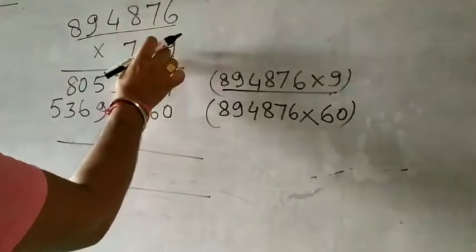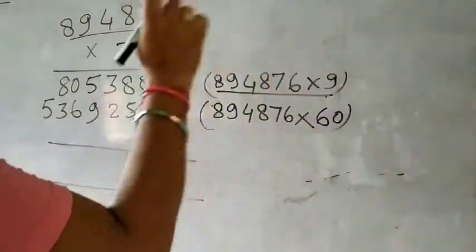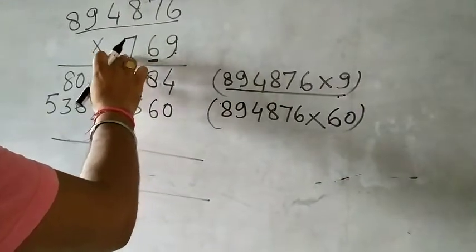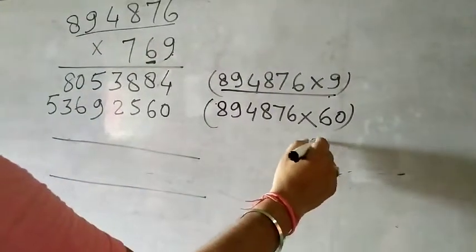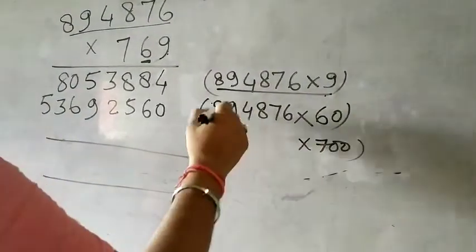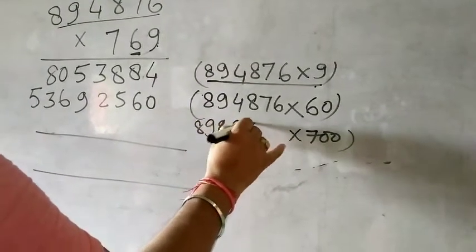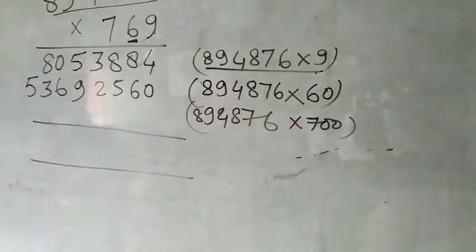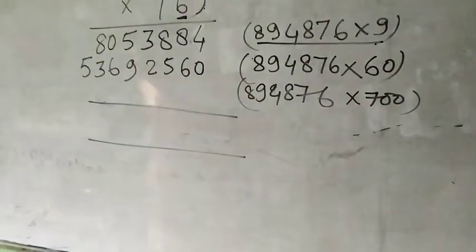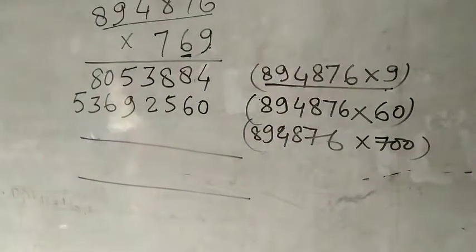Next term, here we replace this 69. We got the place value of 7 is 700. Now we multiply 894876 with the 700. We got the result.